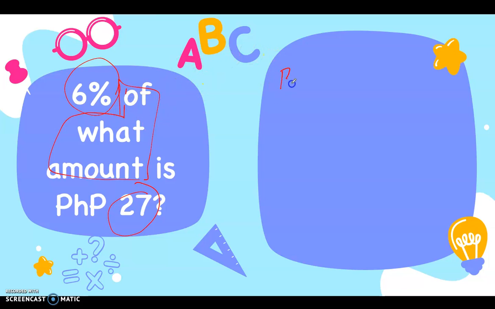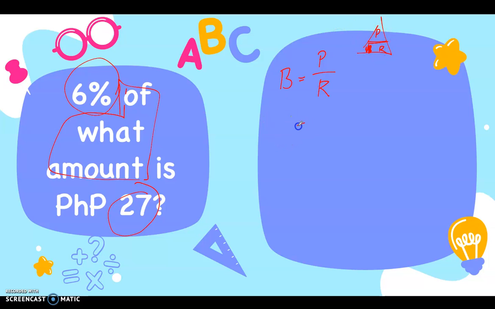And for the base, our formula again is P over R. We got this from our triangle here. If the base is missing, we just remove the base, and then you divide P divided by R.